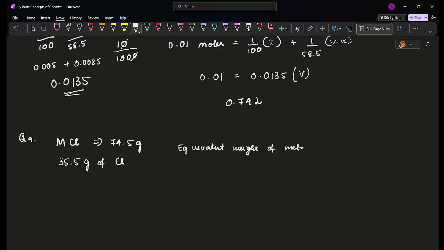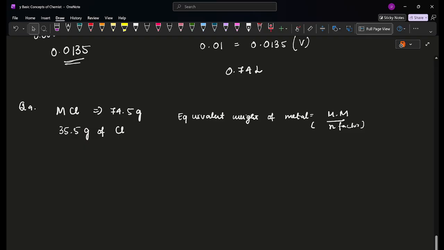So we know that equivalent weight is molar mass by n factor, right? So they've given it as a chloride, metal chloride. We have no idea about what's the valency of these and what could be the n factor, but let's just, so if we take this, we can easily get it as 39 gram, right?